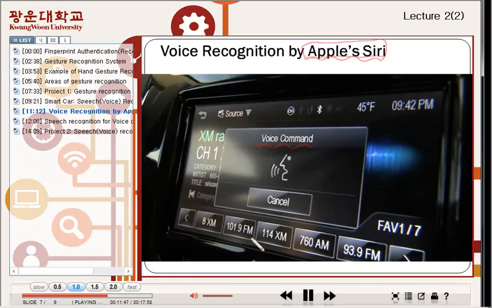For example, FM, and the FM channels are selected, and channel 1, 2, 3. So you just speak the voice command to the navigation system in the car.